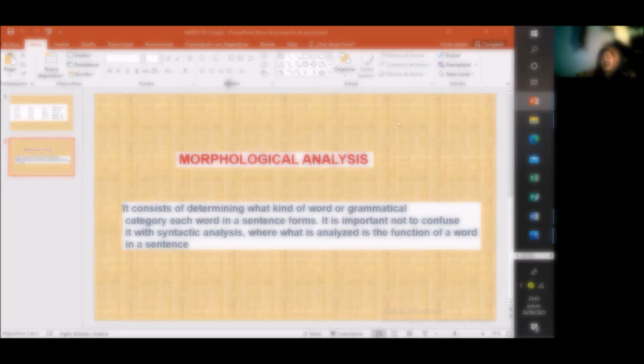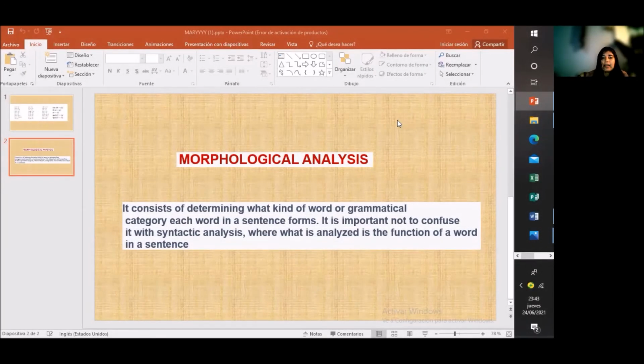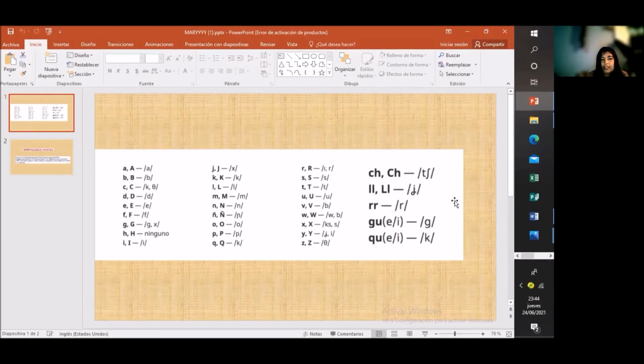Morphological analysis consists of determining what kind of word or grammatical category each word in a sentence forms. It is important not to confuse it with syntactic analysis, where the function of words in a sentence is analyzed.